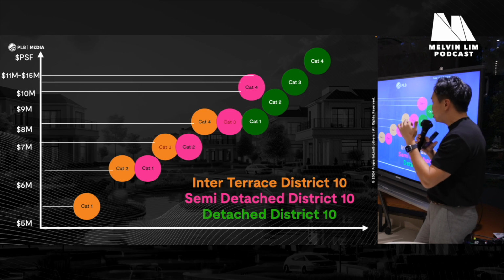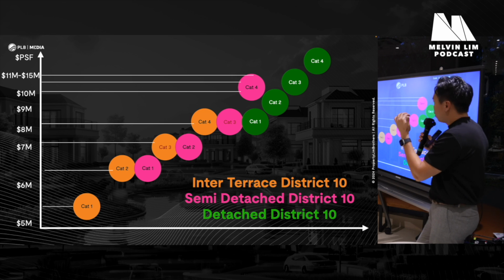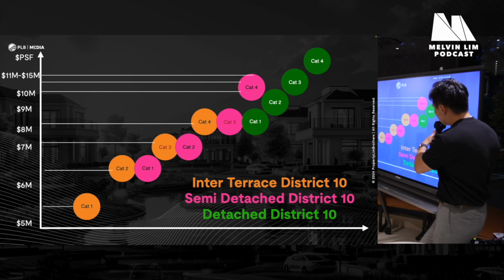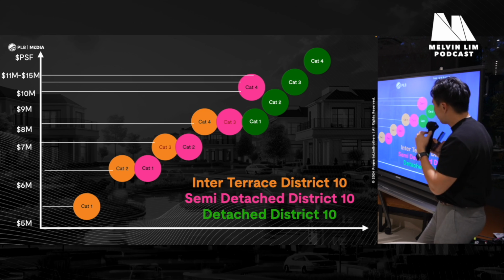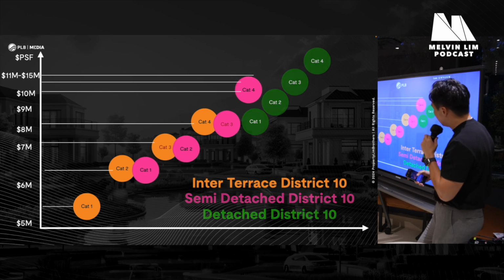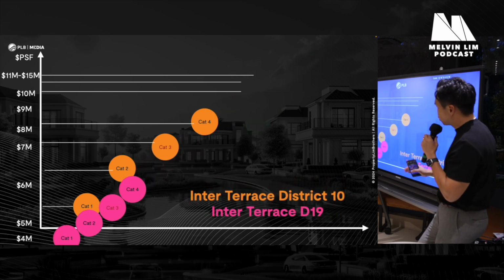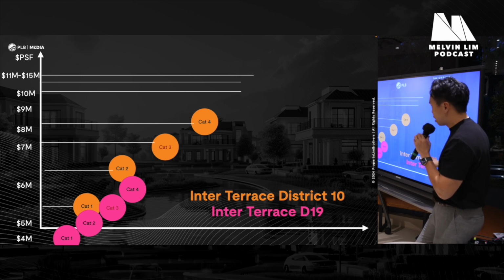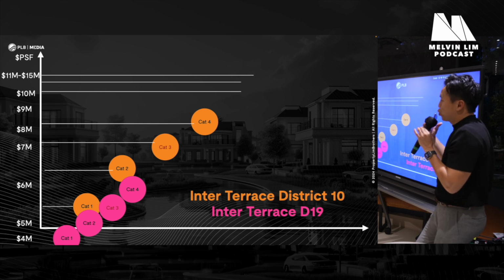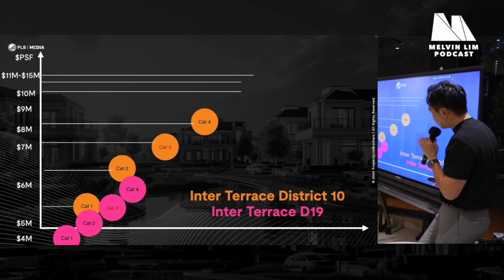Let's say if you're planning to own or maybe get one more landed in D10, look for the opportunities depending on the different classifications. Of course, you can check more later with our landed consultants. Now, one observation is to also compare, because this is 9, 10, 11, we are in CCR. You look at the entry level, which is D19.